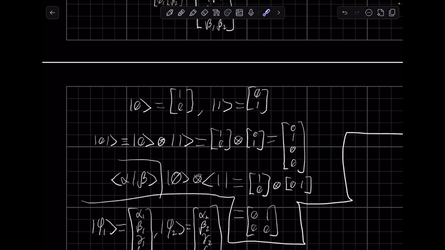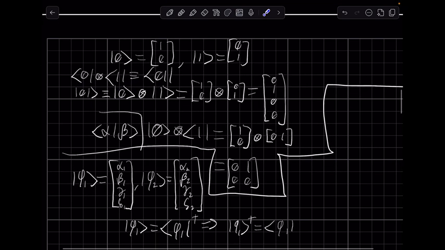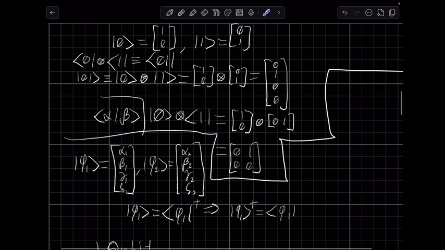So you'll often see, if you have a bra, for example, 0 and the bra 1, you could also write this definitionally as 0, 1, but most commonly we're going to be looking at the ket. So the ket tensor producted together gives us this.